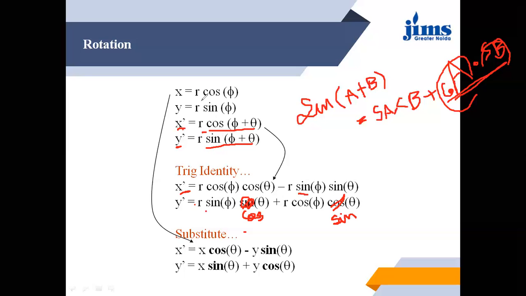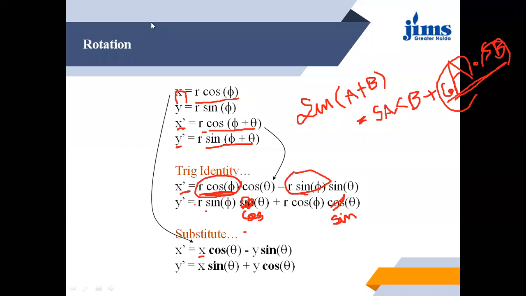When we substitute the value of r cos phi over here, this is equal to x. So I wrote x. This is equal to y, as you can see from above, so I wrote y.